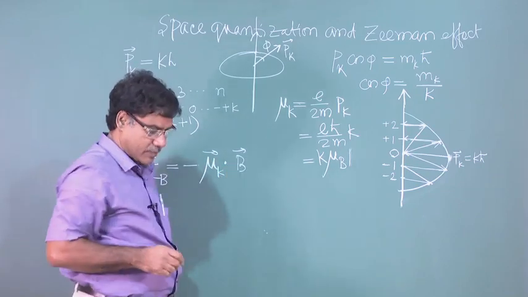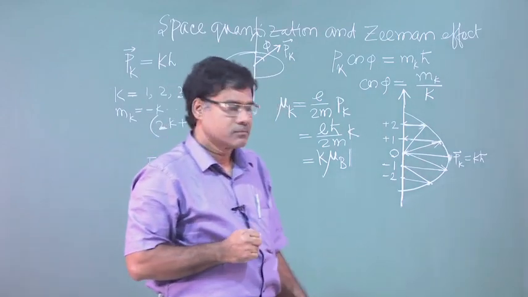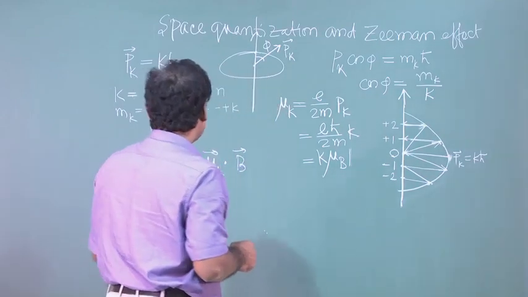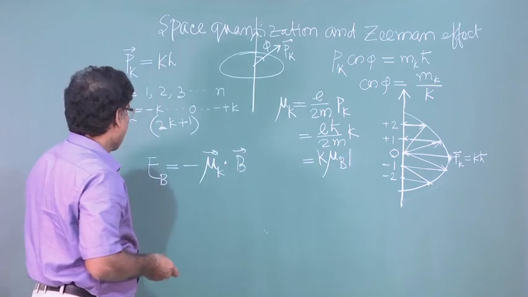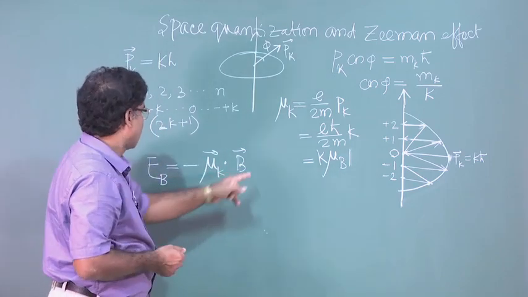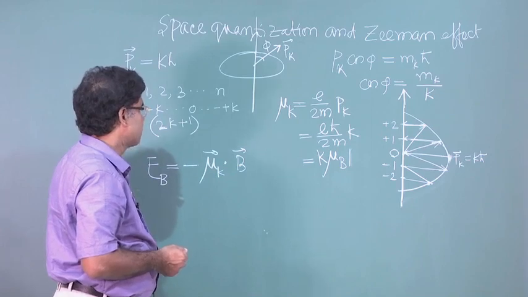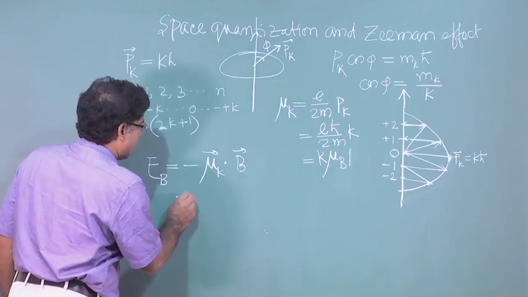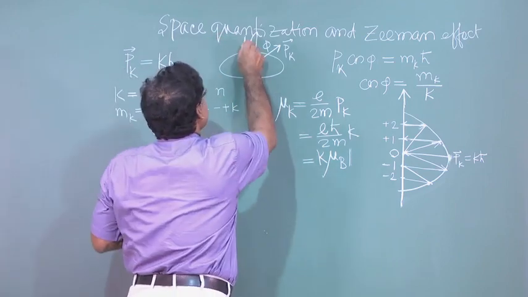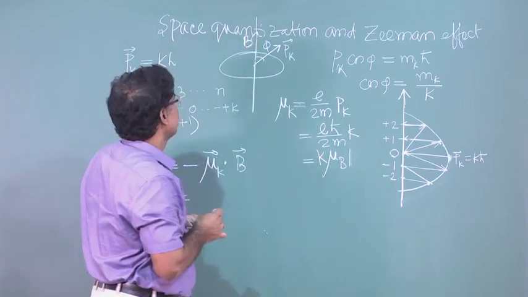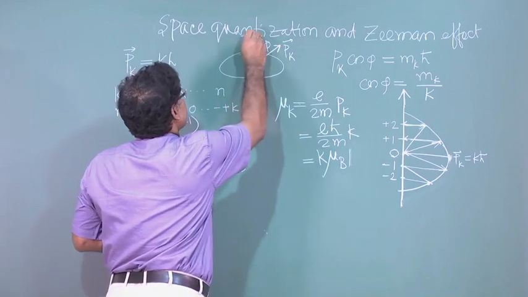It is mu k dot B, a definition from electrodynamics. Now, you see the angle between them, this is now the B direction.